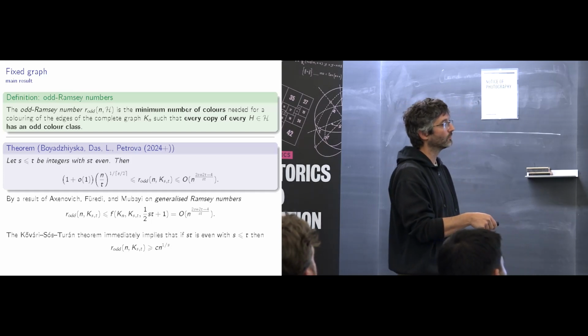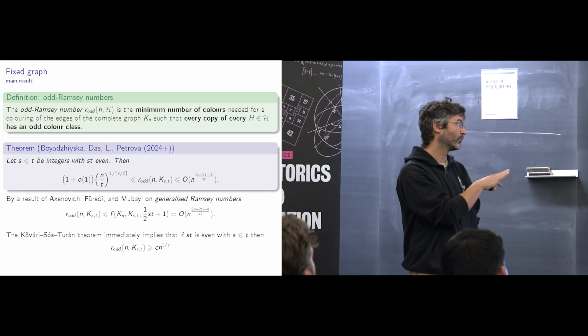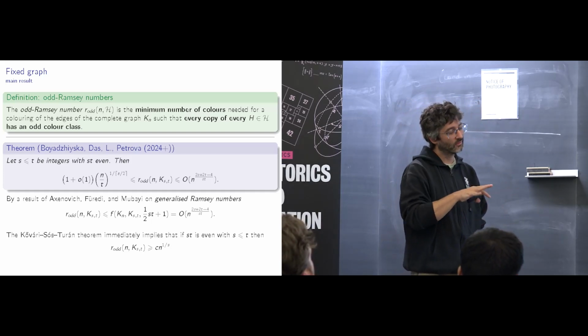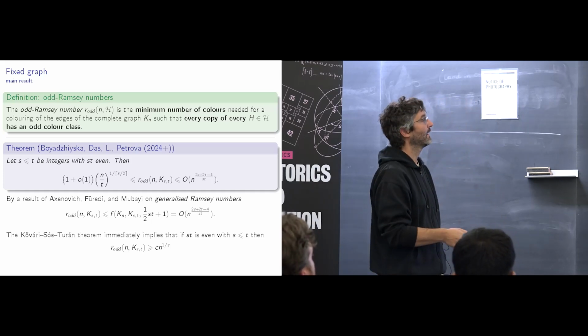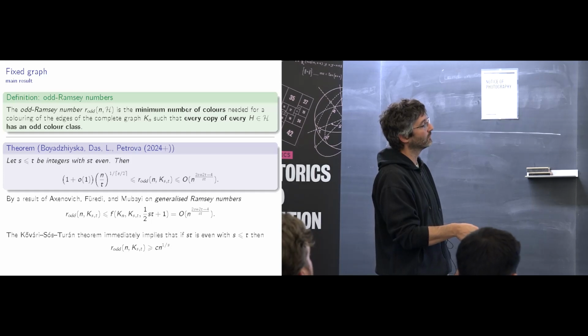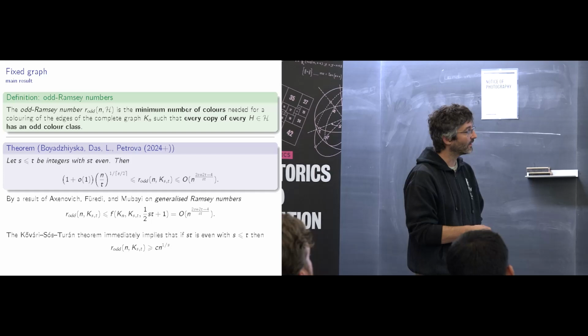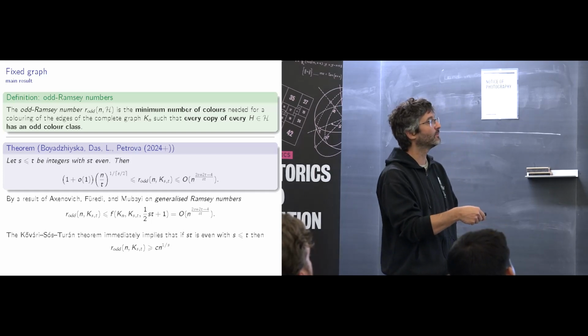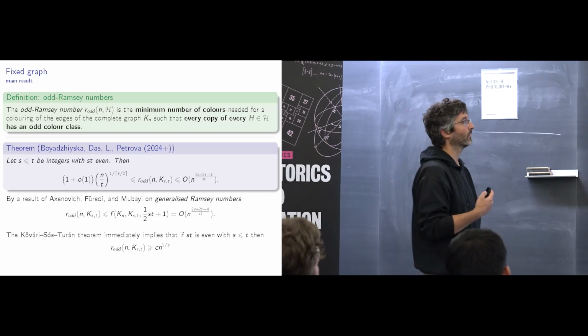So it gives you a bound for the Odd-Ramsey number. And what we did is we took the proof for that theorem, and we did a lot of changes in there just to adapt to our setting. And we managed to improve by the square. So we took a square of that more or less. But there is still a lot of discrepancies between the two. So we'd like to understand better what's happening. But that's for the rest.